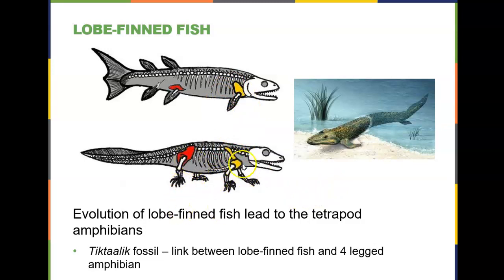And so it had fish-like structures, but it also had 4 limbs, as well as a more flattened face representing the amphibians.